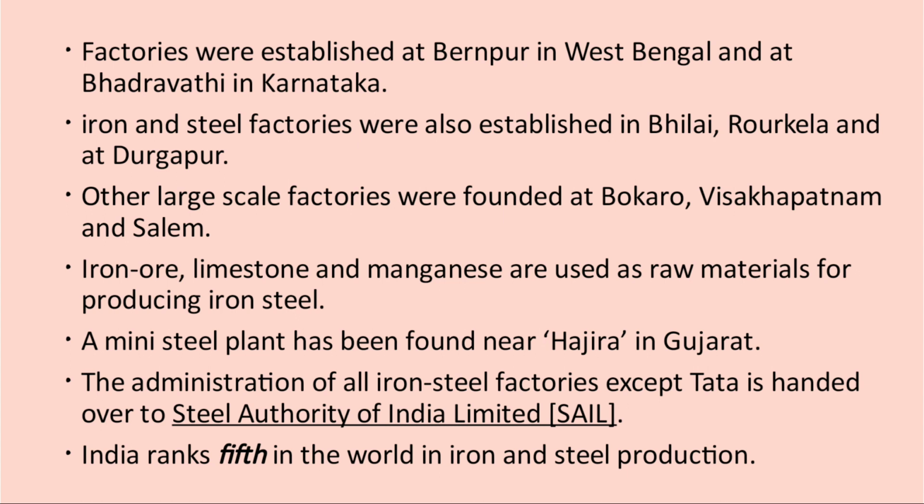What is the reason for that? After independence, the Government of India gave this liberty because for the first time such a big industry started in our country. So Tata got this opportunity, this exception given by the Government of India. All the rest of the iron and steel companies are under the control of SAIL.